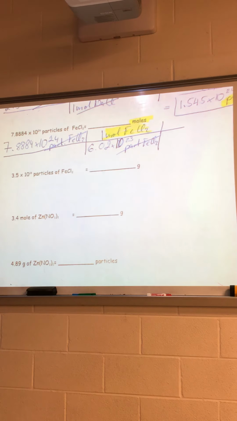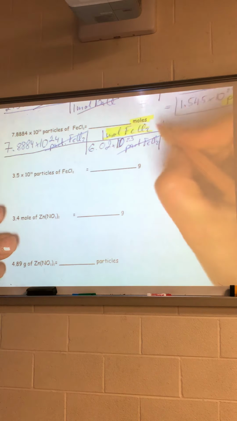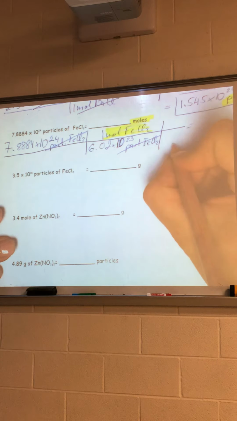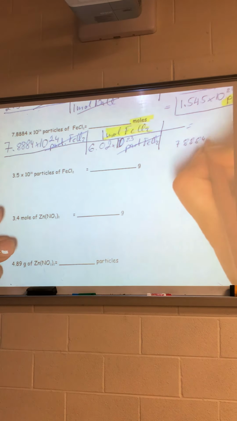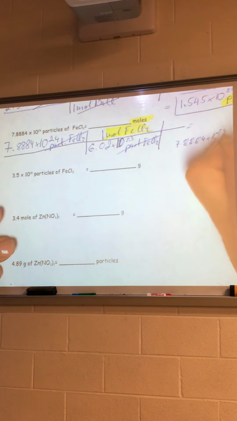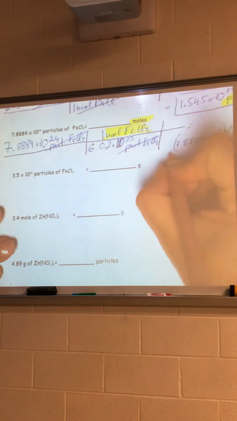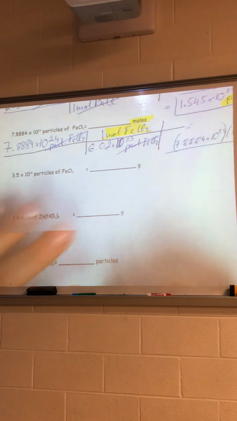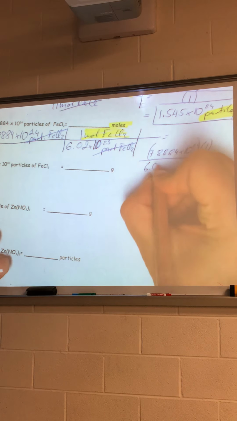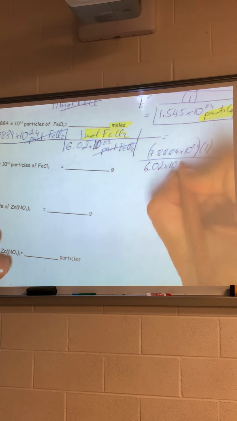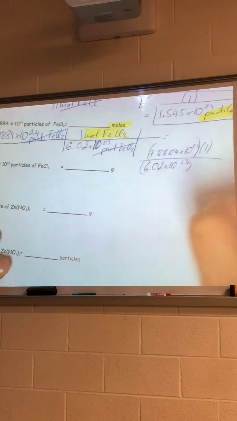Next thing, just write down briefly how you're gonna plug this into the calculator, and it will look like 7.8884 times 10 to the 24th times 1, all that divided by 6.02 times 10 to the 23rd. And class, what do we get?